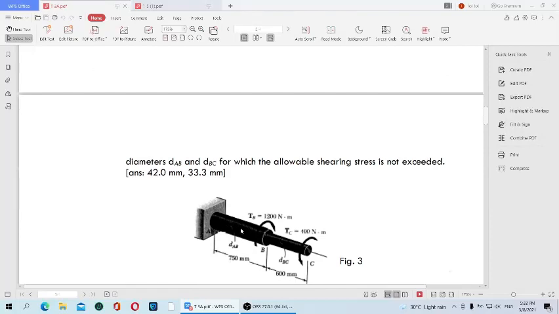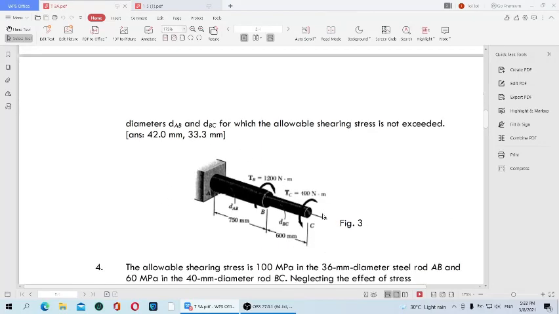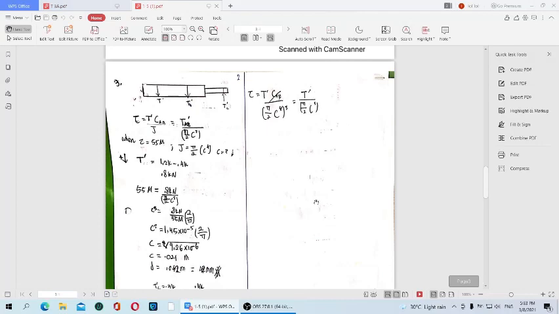Shaft AB has a diameter different than BC. So the question is asking what is the diameter for both of it. So let's go to the problem solving.